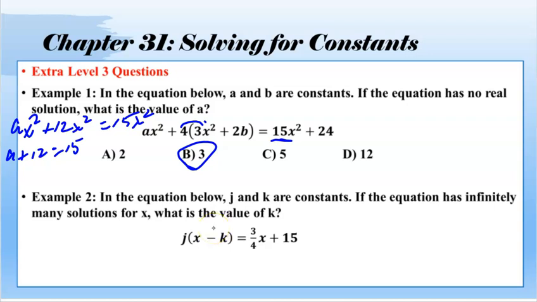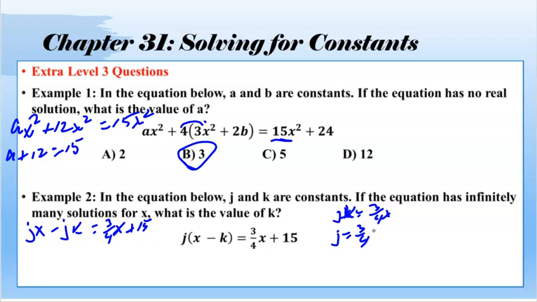So if I distribute, I have jx minus jk. This has to equal 3/4 x plus 15. So my x terms have to equal, so that means jx has to equal 3/4 x. And if I take the x's out, I'm left with j equaling 3/4.